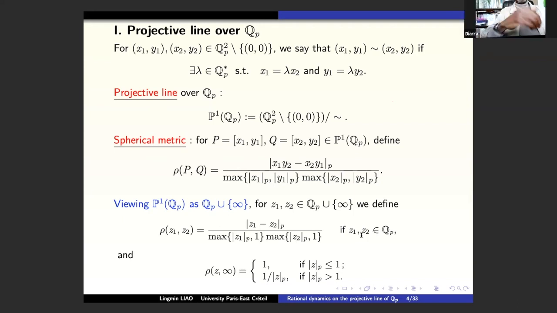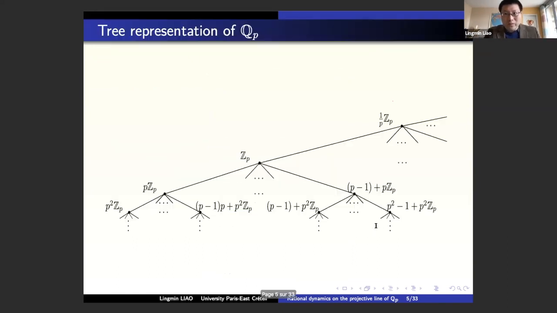But outside Z_p, you should change it a little bit. This is just the formal definition.